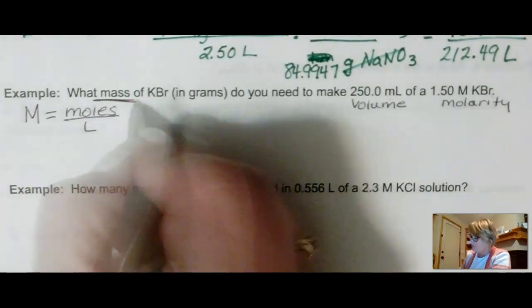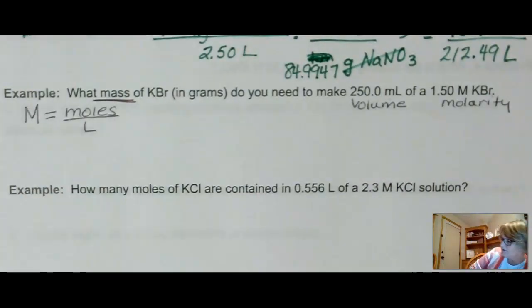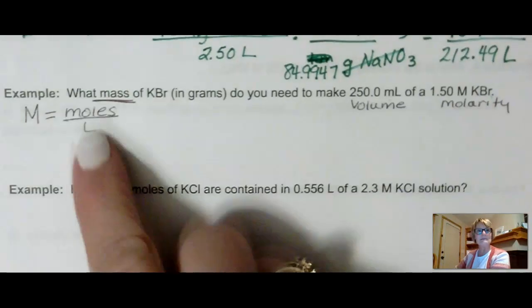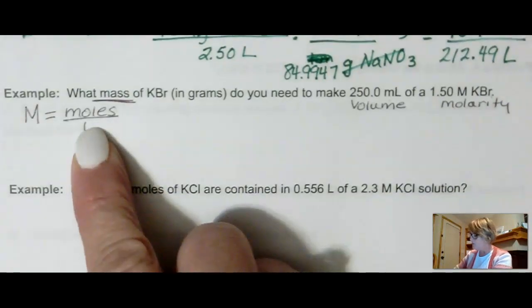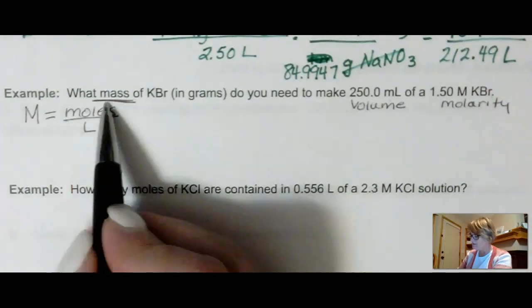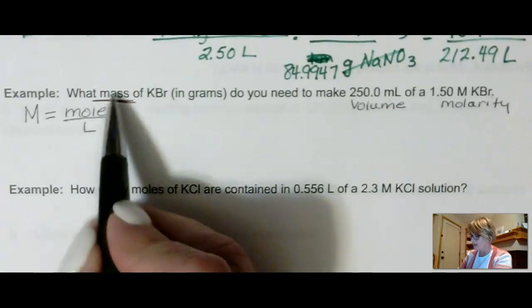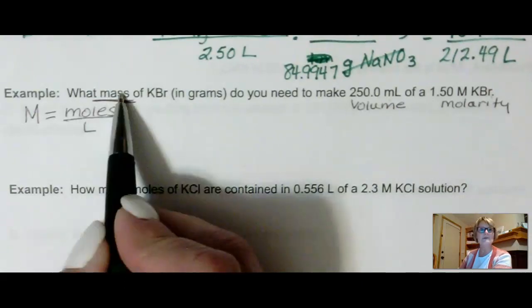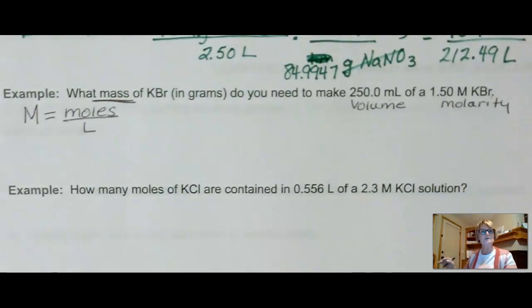Now, there are times with molarity in which we need the liters on top, where we actually need to flip this upside down, but for right now we need mass. So if we do a mole to gram conversion, that's just going to go across the numerator.